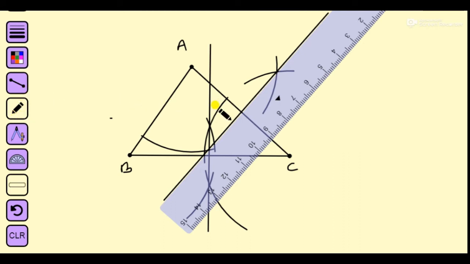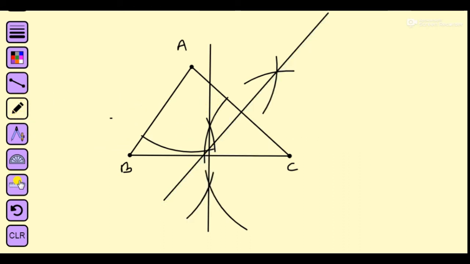So you can see, remove the scale. This point is the median point, and that is O. You can write O here and join to all these.